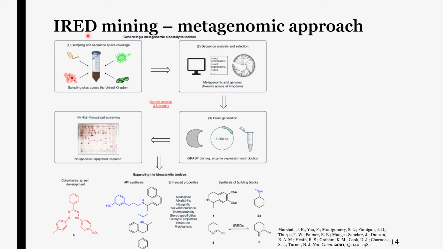Another methodology for the IRED mining was published in 2021 by Marshall and different other co-workers. And there they pursued a metagenomic approach where they sampled all different kinds of sequences across all the United Kingdom.